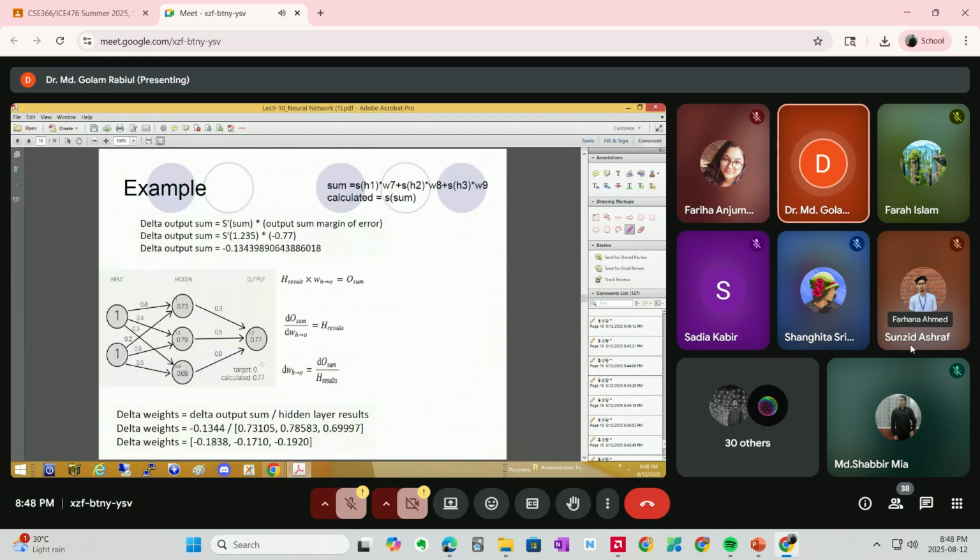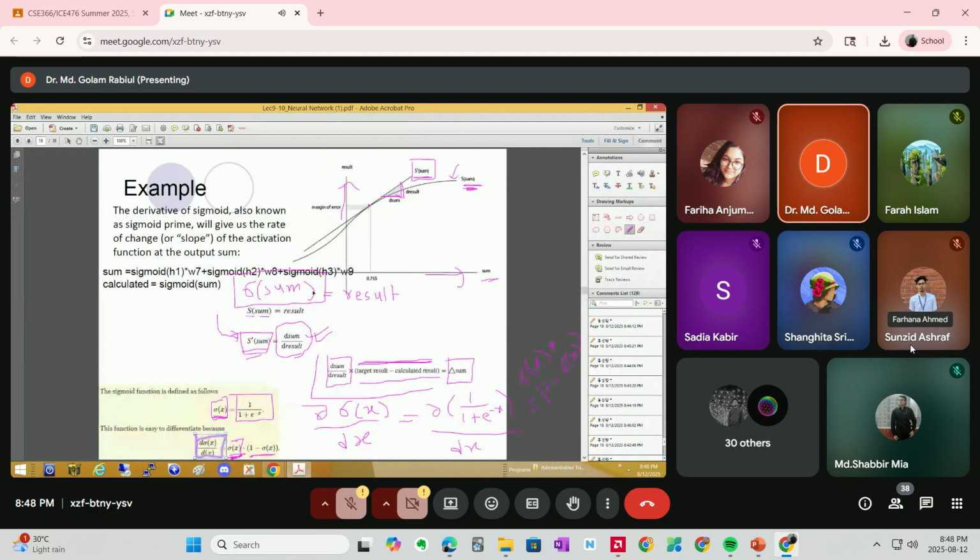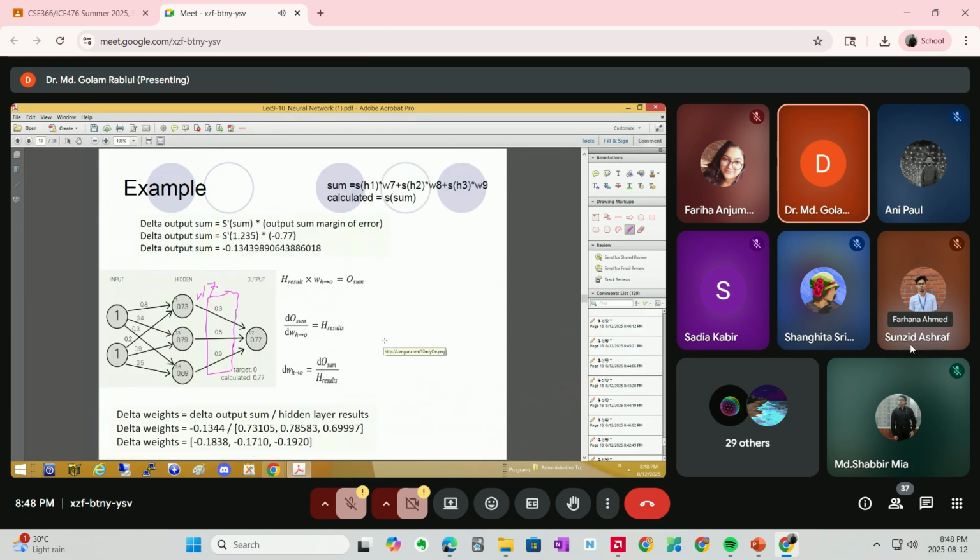Now we want to find out how much change we need to make in W7, W8 and W9 at first. For that, we will utilize the rate of change of the sum with respect to the result, and that will also impact the error.